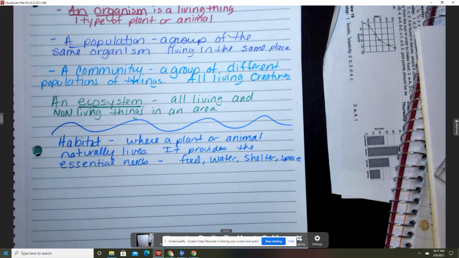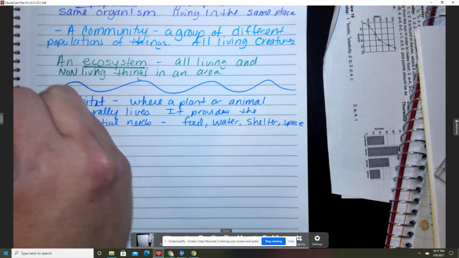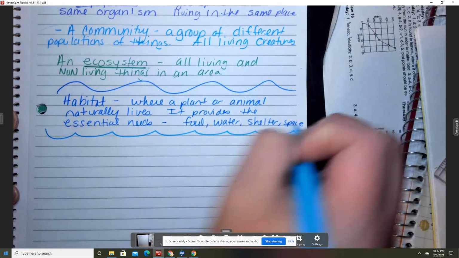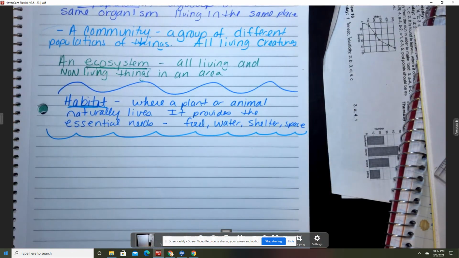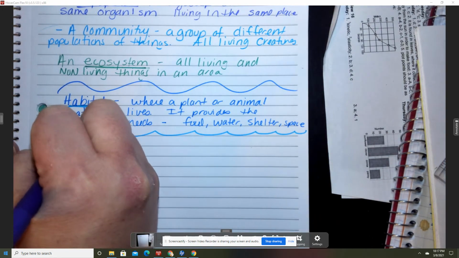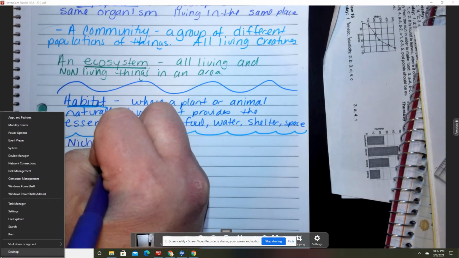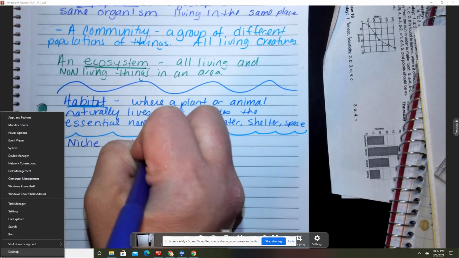Okay? All right, so let's go a little bit further into our ecosystem and talk about the different roles. All right, a role is like we all depend on each other in an ecosystem. Everything has its own job, its own niche, and we'll talk about that as well. So we'll say a niche is the job or the role.